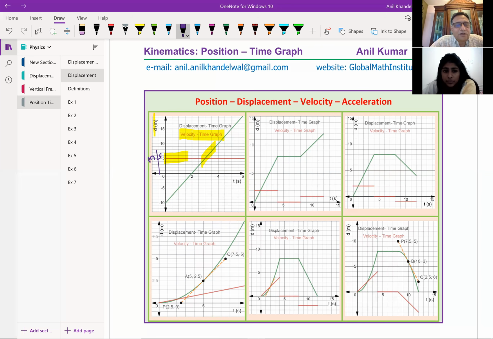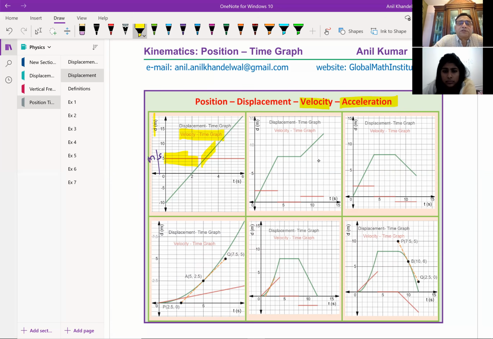Because it is a velocity, right? So I didn't complicate the graph by writing both the units, but velocity means rate of change, and therefore it should be meters per second, correct? So one by one, we are going to discuss all these graphs. In all the graphs, one thing is common, and that is the acceleration is constant. So we'll see what is going to be the acceleration. Acceleration is rate of change of velocity.